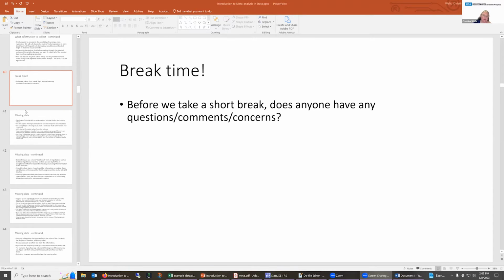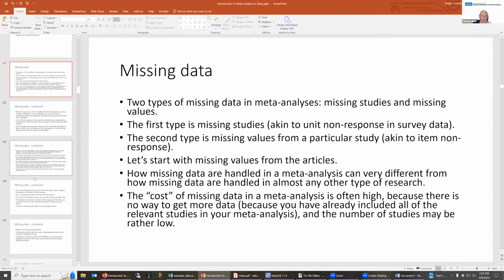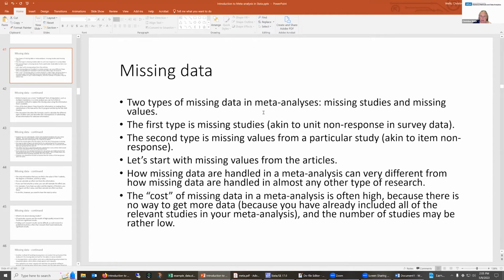Okay, then let's talk about some missing data. There are 2 types of missing data in a meta-analysis: missing studies and missing values. Missing studies are kind of like unit non-response in survey data. Survey data is my other real big passion, so I make connections where I can.